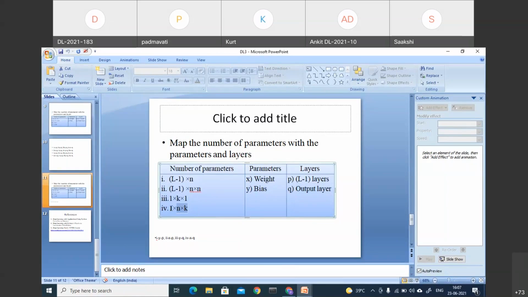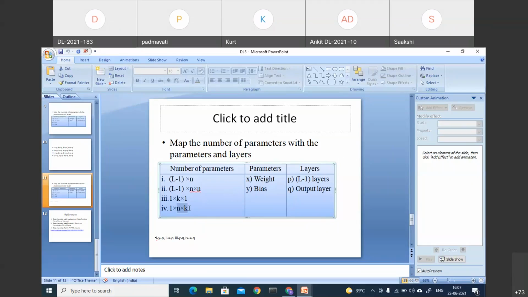In a similar way, the last one, we do have n cross k. This is possible because we have n neurons in the last hidden layer, and I need to connect the last hidden layer with the output layer. So n neurons of the last hidden layer will be connected with k neurons in the output layer.